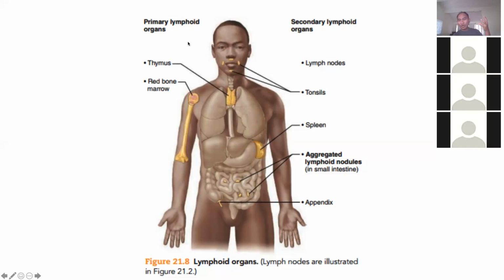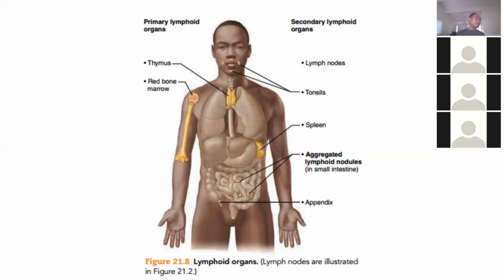In primary lymphoid organs, lymphoid tissue will either be generated or will mature. Secondary lymphoid organs will store the lymphocytes. Therefore, primary lymphoid organs will generate, for example, bone marrow. Bone marrow will generate lymphocytes. Therefore, it is a primary lymphoid organ.